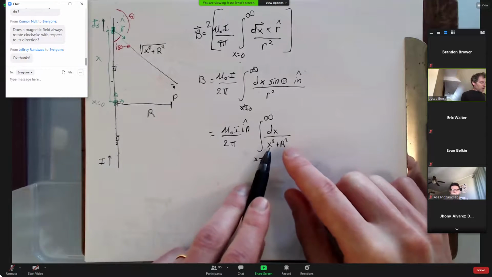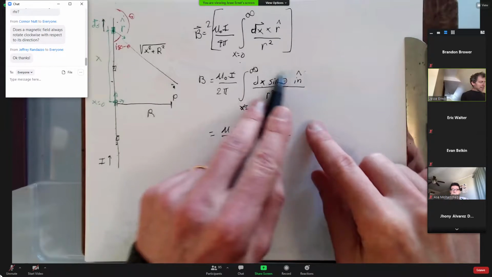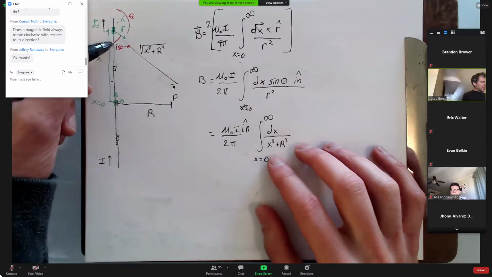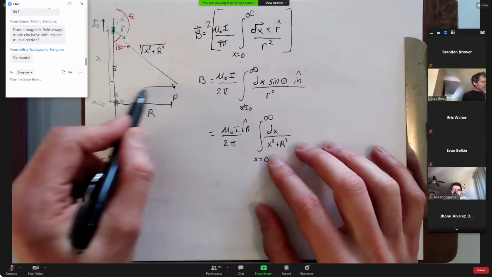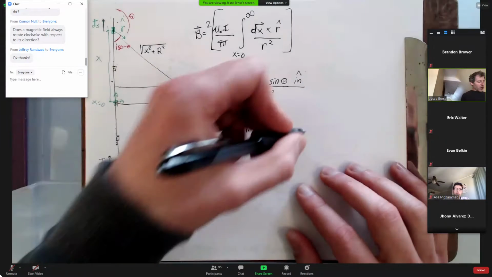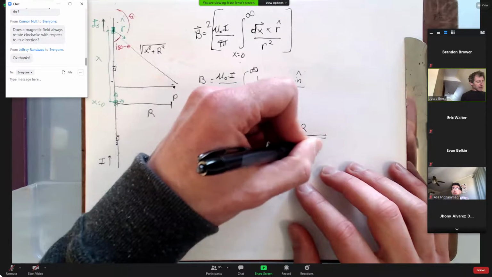Okay, good. So I've got r squared in here, and I still have a mistake. I need sine theta, or sine of 180 minus theta, which is the same. So I need sine of that angle, which is this over that. So that is capital R over the square root of x squared plus r squared.